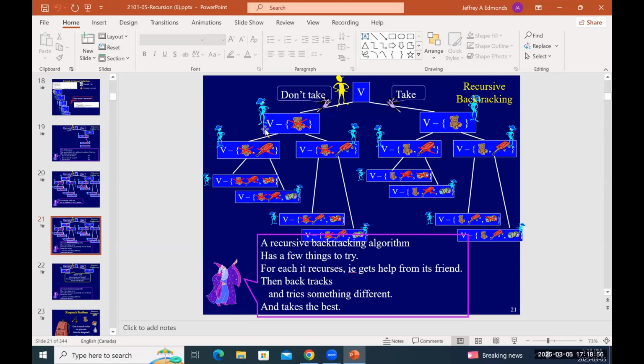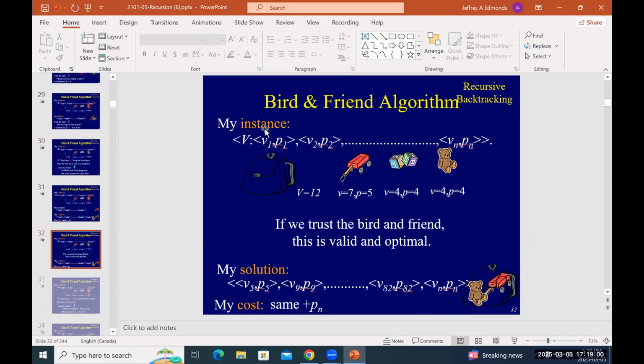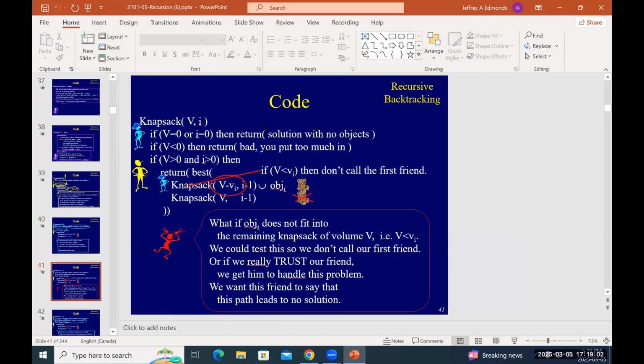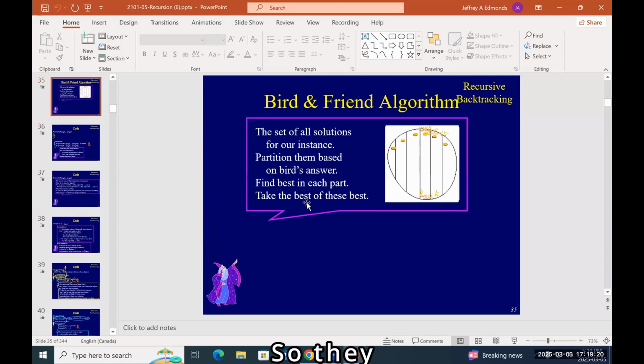So this code has no loop. Here I have two friends, one who puts the bear in, one who doesn't.